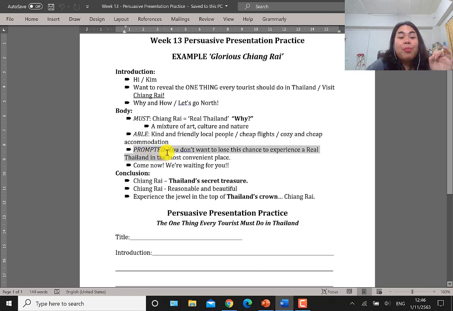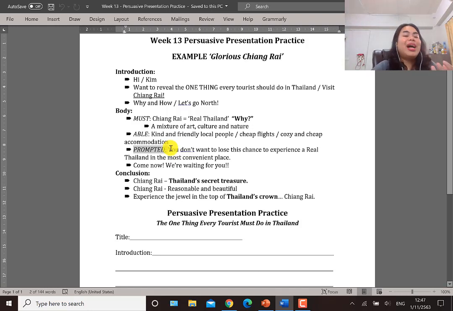Okay, the accommodation here is great. And last one, prompted. Okay. Now I can see that Chiang Rai is a good place to visit, and I can visit Chiang Rai, I think. But I don't have time. I have to work. Unless you prompt them to travel now, it's hard for them to think about Chiang Rai again.